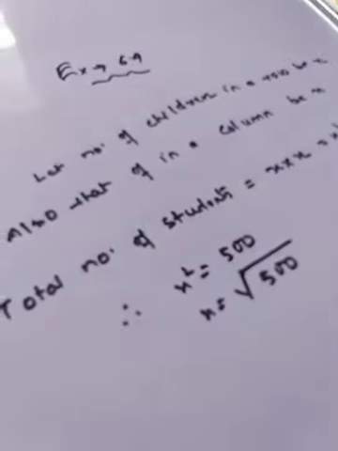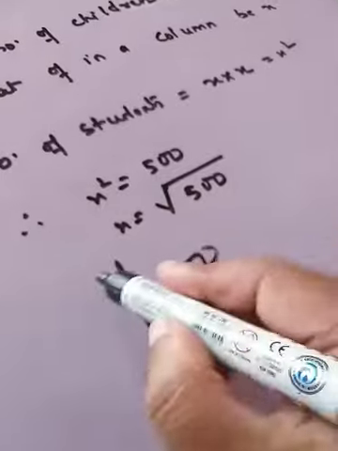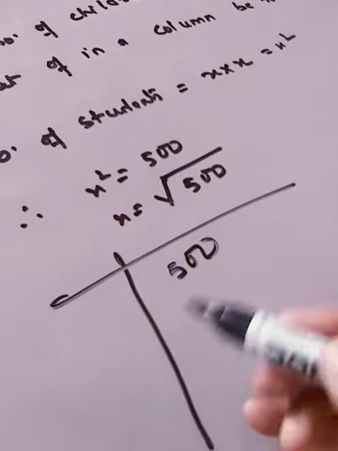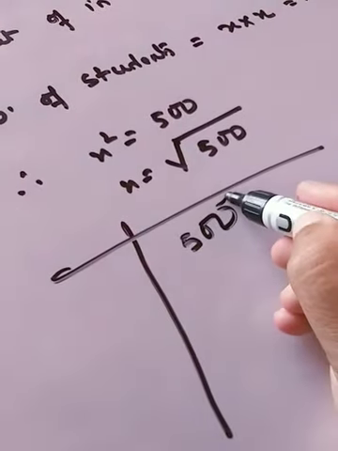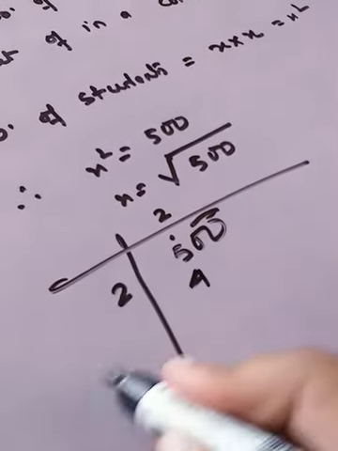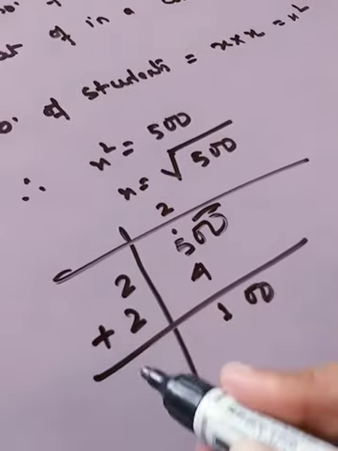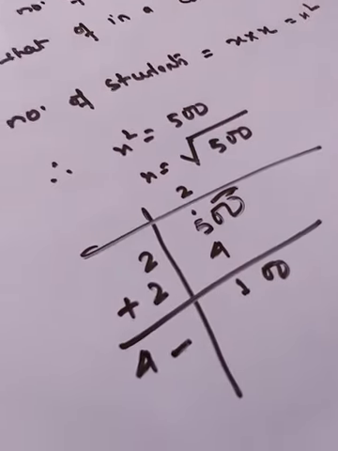Now we have to do the division method. Pair it from the left-hand side, so 2 2s are 4, it will be 1 0 0. Now we'll add 2 with this, so 4. Now what is the least number?